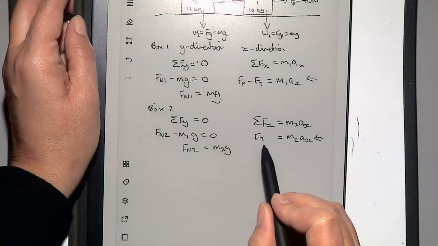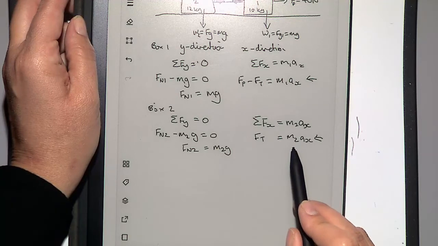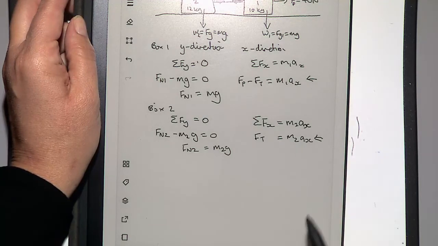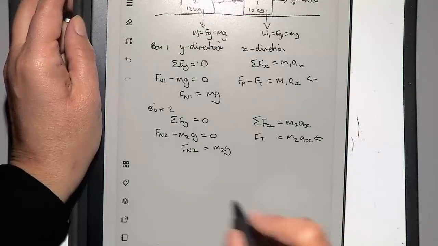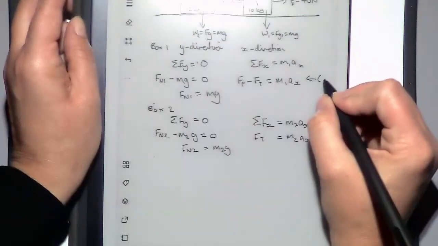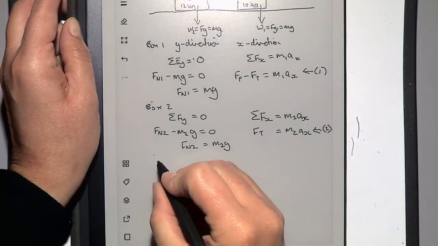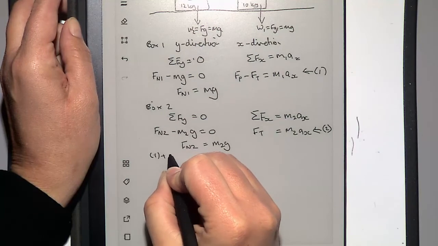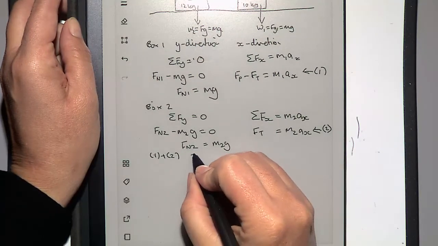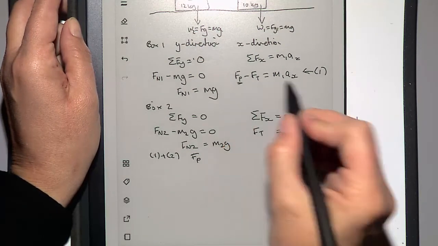We know that the tension force Ft is equal to mass 2 times acceleration A. So we can substitute that into our equation, and we get an expression for Fp. So let's do equation 1 plus equation 2, and we get Fp from here.